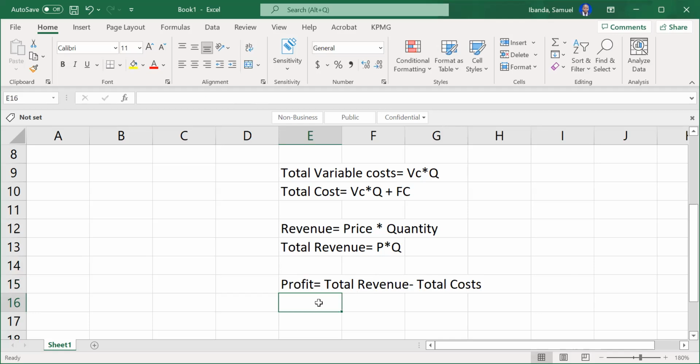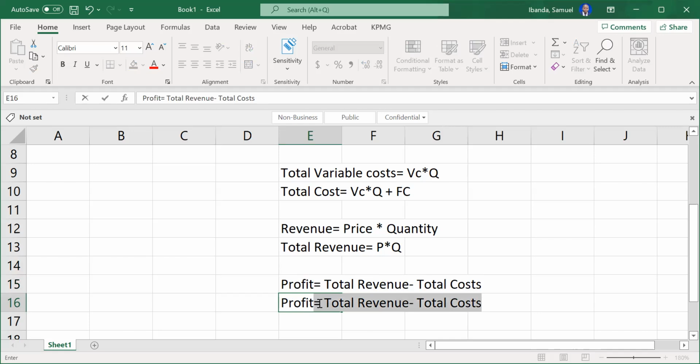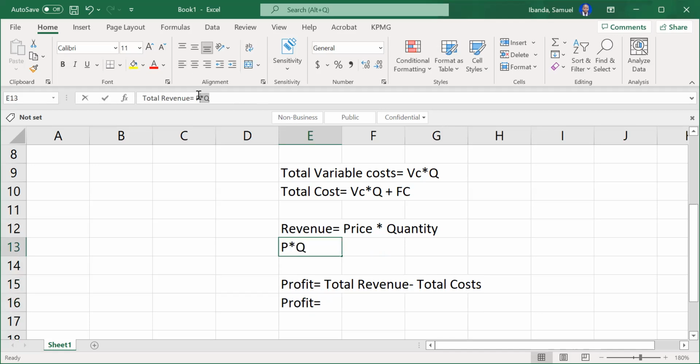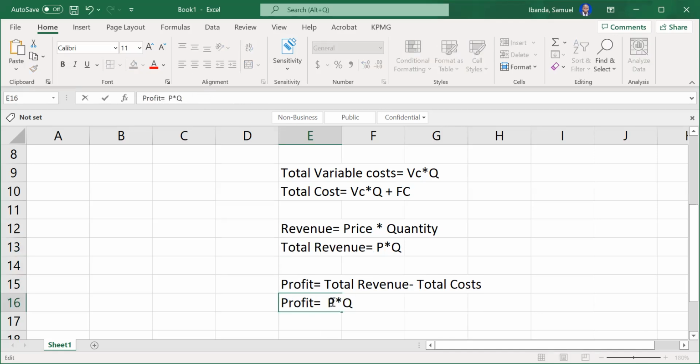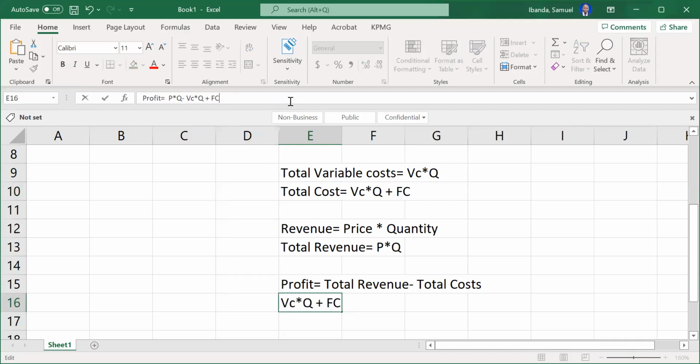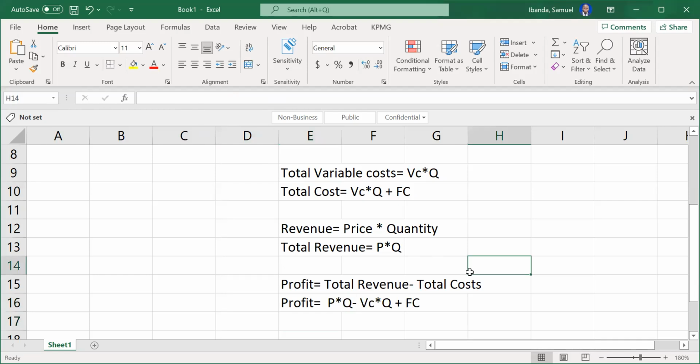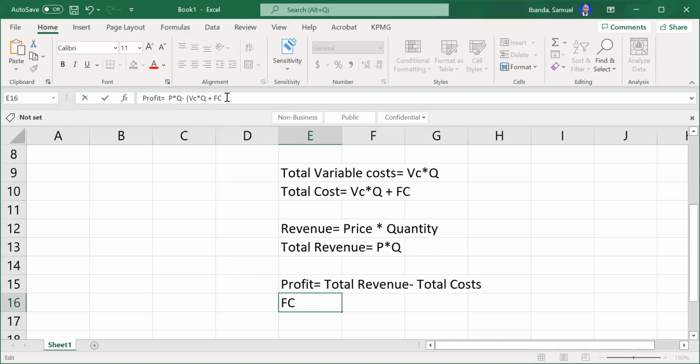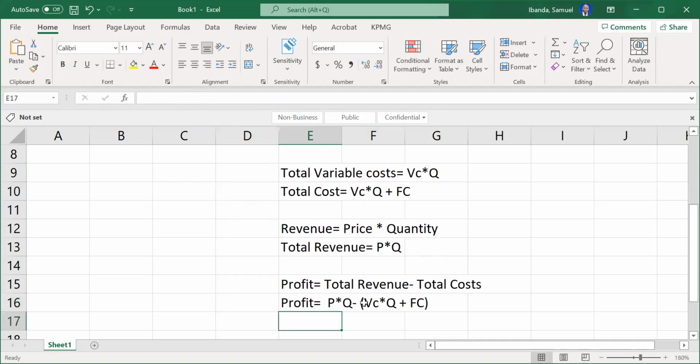So profit can also be given by, I'm going to replace this, bring this price times quantity and put it there and subtract my so-called VC times that. But for me to do this mathematically, I'll put this in brackets so that I'm able to distinguish my total costs. So that is what I'll basically have.